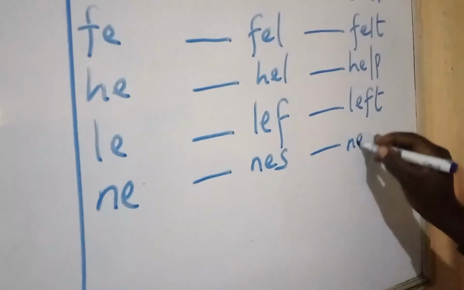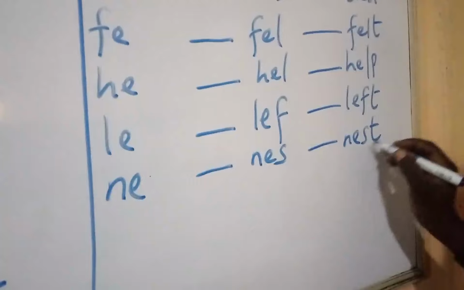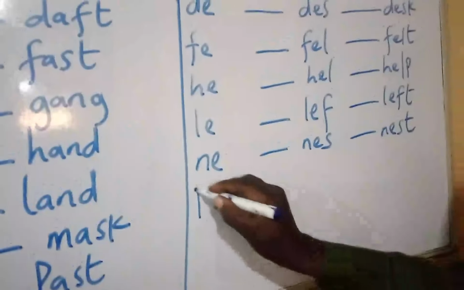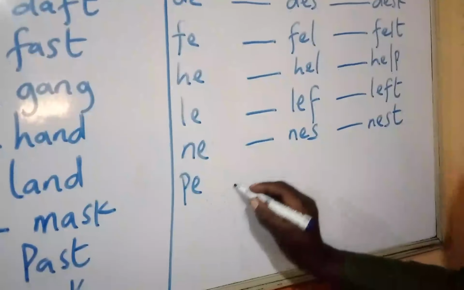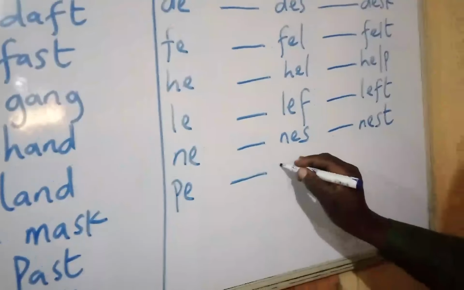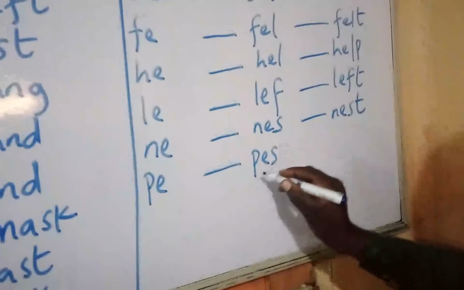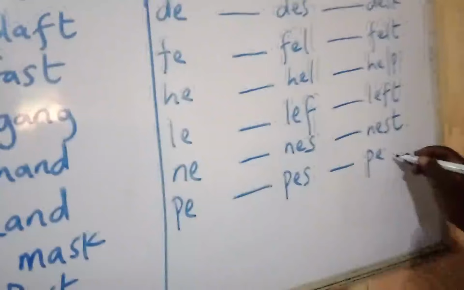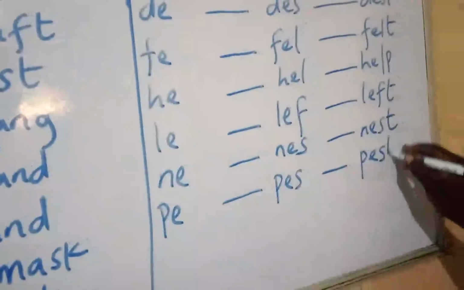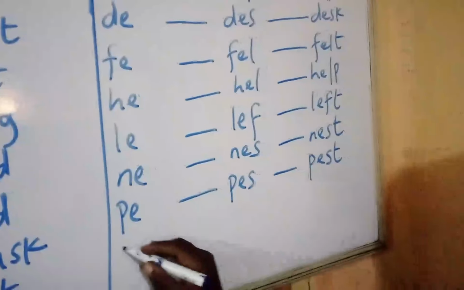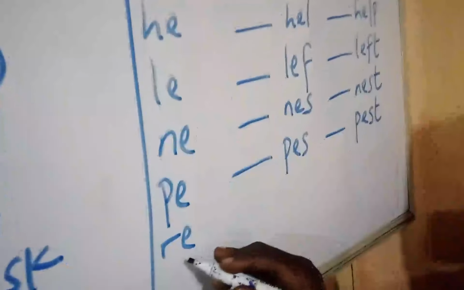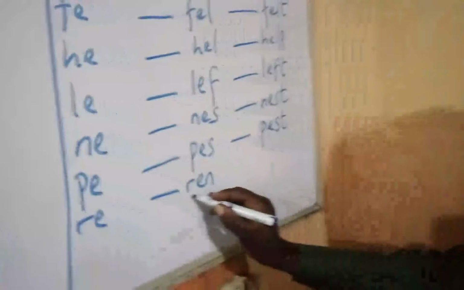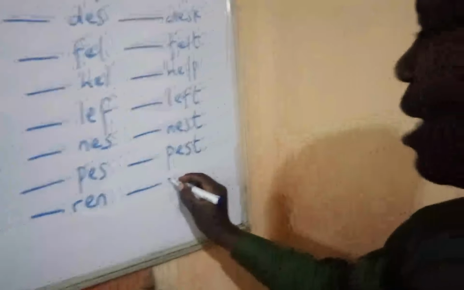In 4 letter you have nest. Okay, now the next is what? Pe, as you have it as in what? Pest. In 4 letter you have pest. Okay, now next letter is what? Re as in rain. In 4 letter you have what?